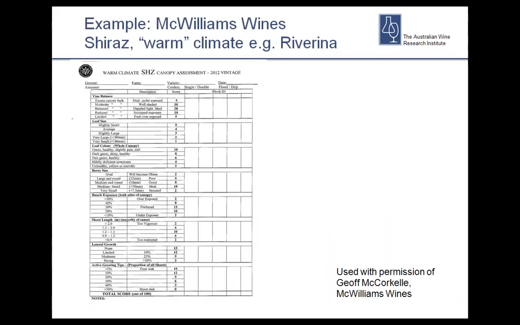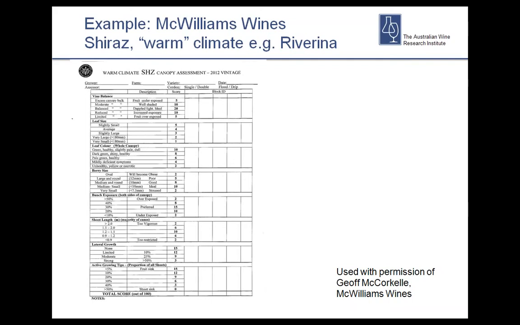Here's an example of a score sheet which is used by McWilliams Wines. McWilliams have score sheets which are variety specific, and this particular one is designed for Shiraz with a sprawling canopy in a region such as the Riverina in New South Wales. This scoring is done at the start of veraison in their case and leads to a score out of 100.